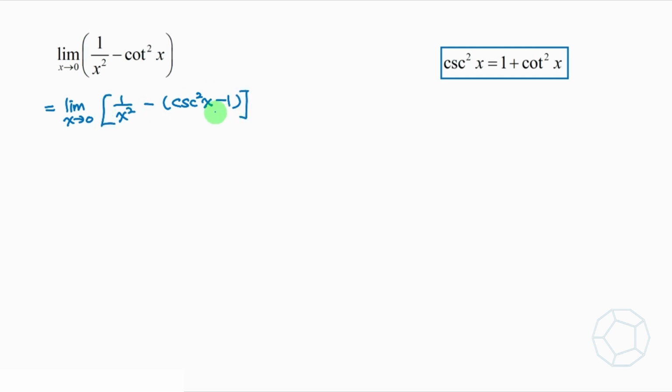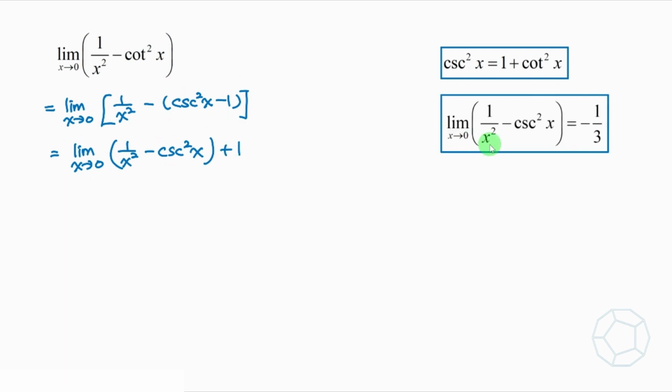We group the first two terms together, so it is equal to limit x tends to 0, 1 over x squared minus cosecant squared x, and then plus 1. And use the limit of cosecant x we just obtained, so it is equal to negative 1 over 3 plus 1, which is equal to 2 over 3.